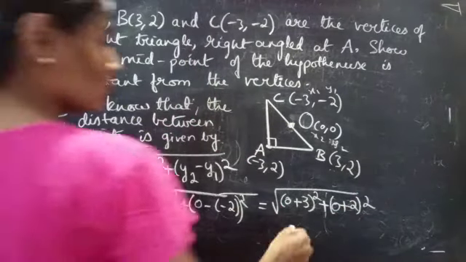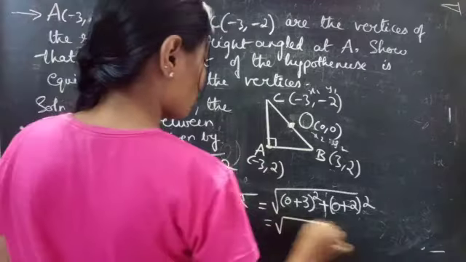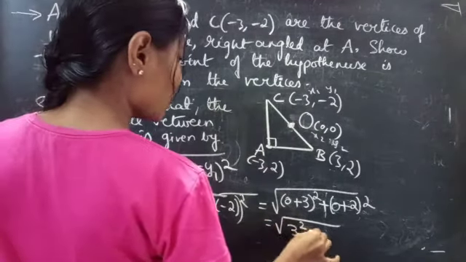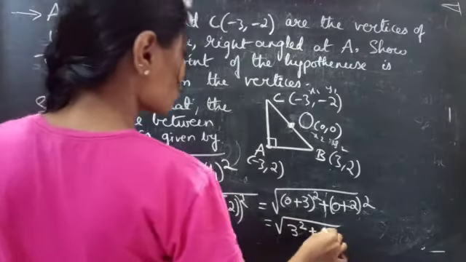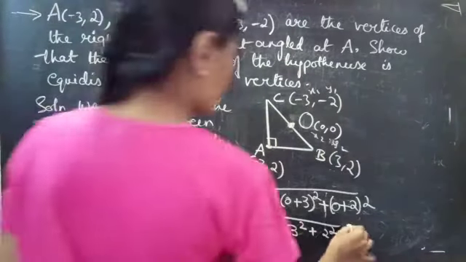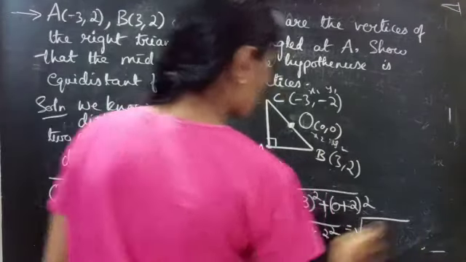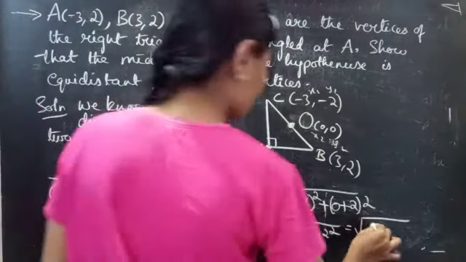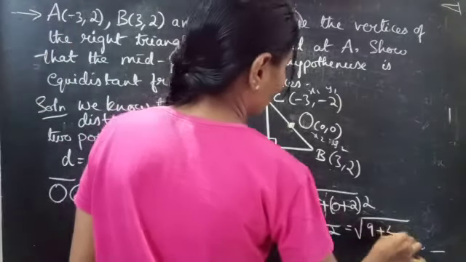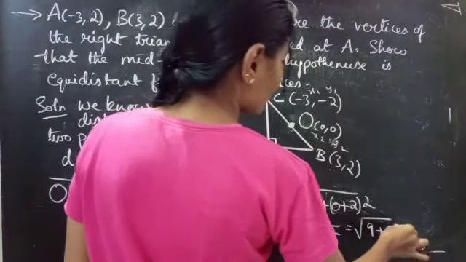So you'll get 3 square plus 2 square, which is 9 plus 4, which is 13.